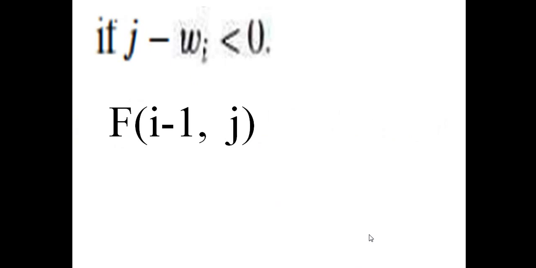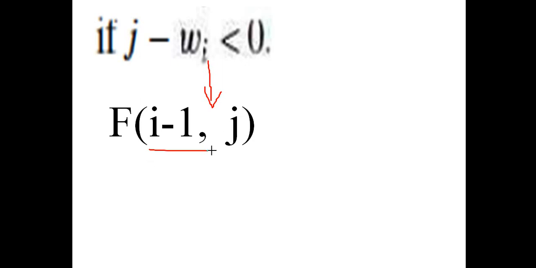If j minus Wi is less than 0, you should use the first formula. This is the recurrence relation.